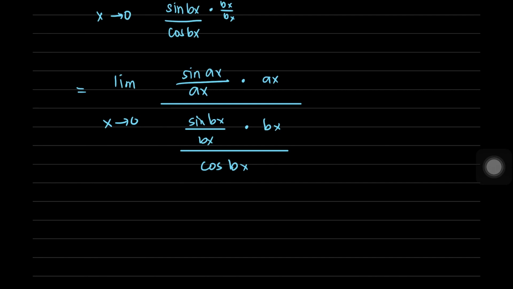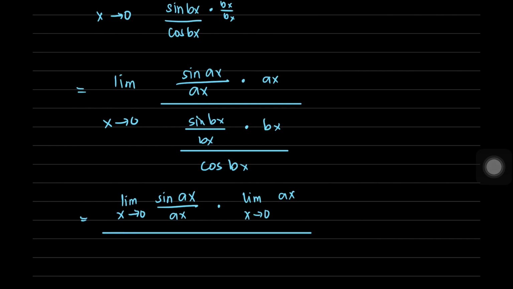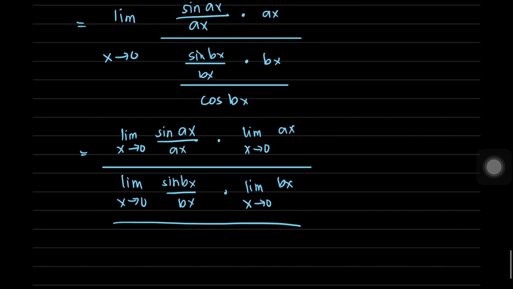Now, with the theorems on limits, wherein products and quotients of limits can be solved independently, therefore, we can say that this can be written as the limit of sine ax all over ax as x approaches 0 multiplied by the limit of ax as x approaches 0, all over the limit of sine bx over bx as x approaches 0 multiplied by the limit of bx as x approaches 0, all over, right?